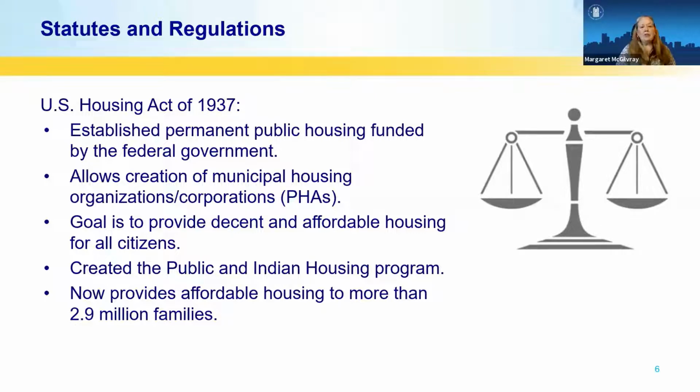And the average yearly income of families living in low-income housing is roughly between $12,000 and $14,000 a year. So pretty low. Over the years, public housing has had many challenges. However, the lessons learned from these challenges have been used to improve public housing. So let's look at some of the newer pieces of legislation.